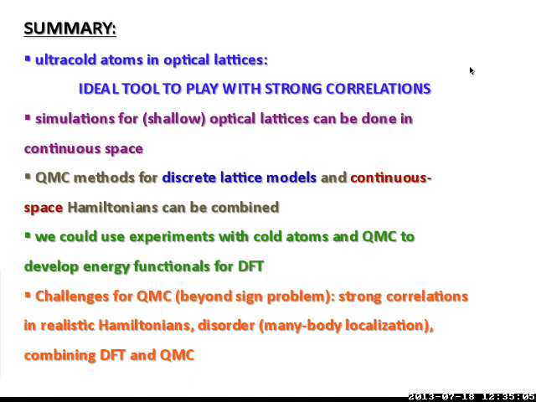While if you play with a continuous space Hamiltonian, typically you might have a more realistic description of a physical system, but it is much more difficult to see interesting physics. I think that in the long term we should try to combine the two approaches and put the two techniques together. I also hope that I convinced you that we might try to use QMC in non-homogeneous systems to test the DFT method and possibly improve the functionals beyond what is known so far.